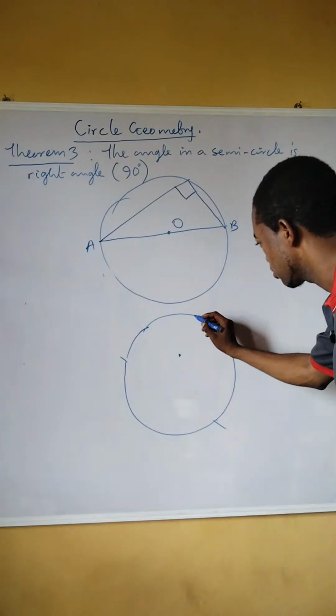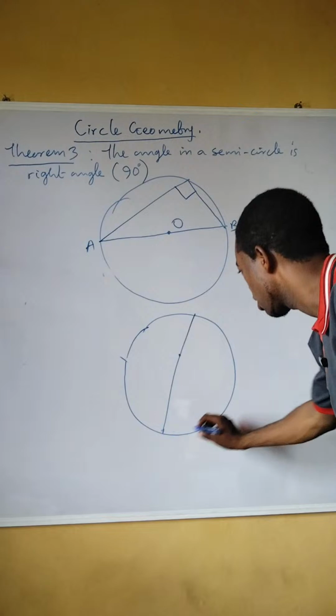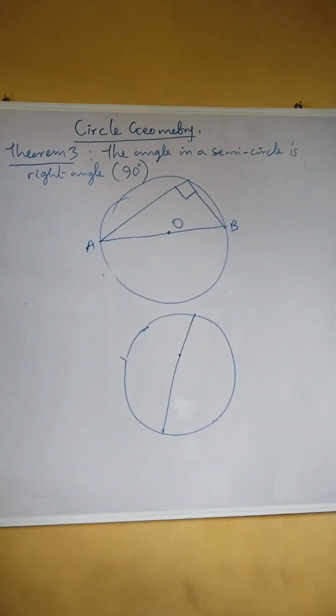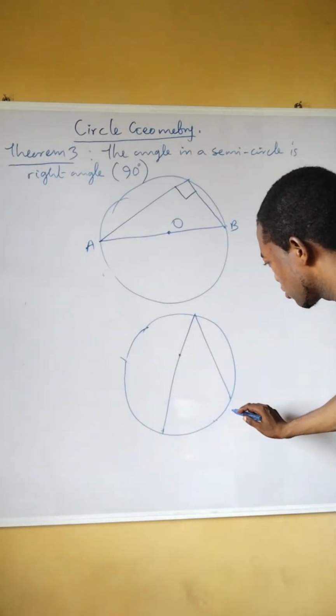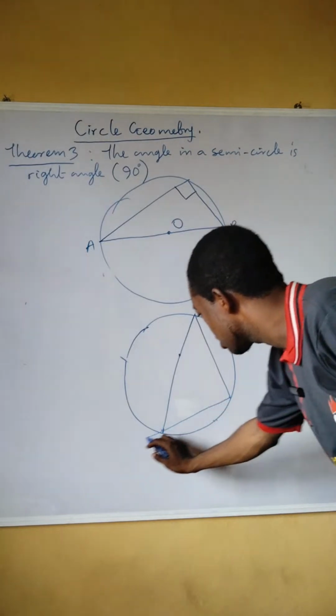So we have a line from the center this way. All right, and this is used to form a triangle in a way that we have this angle here, and this line, of course, is extended this way.